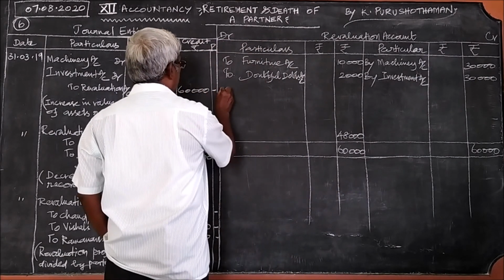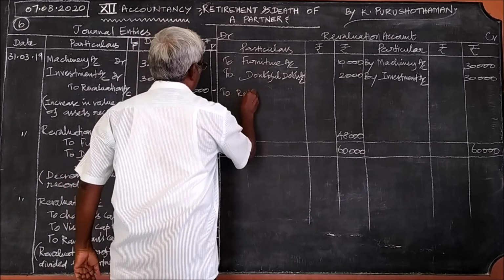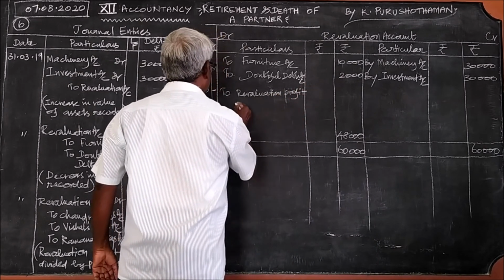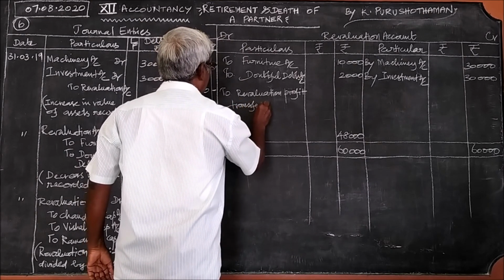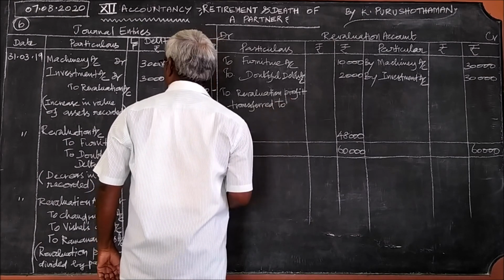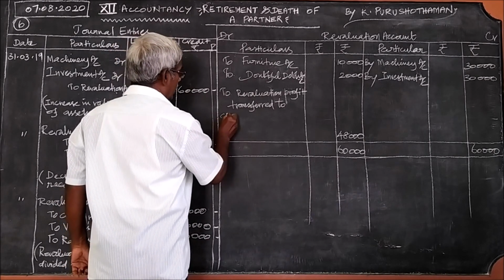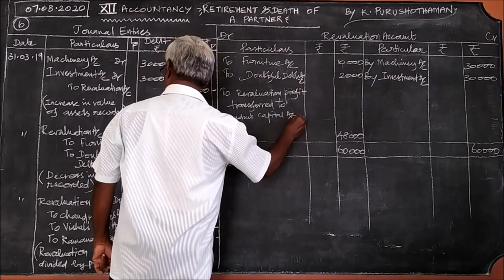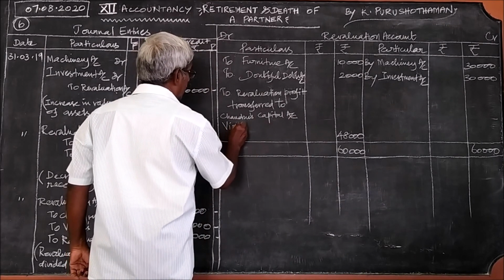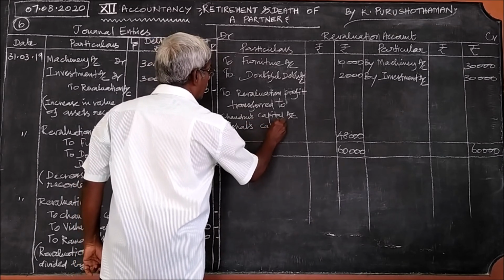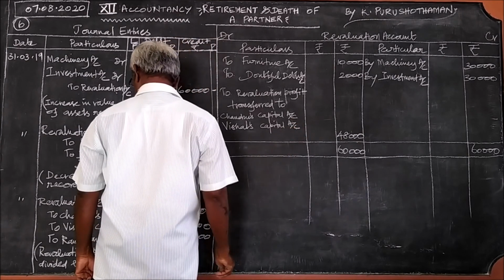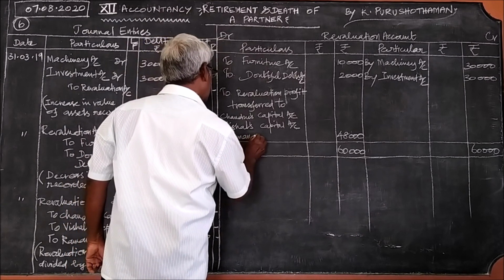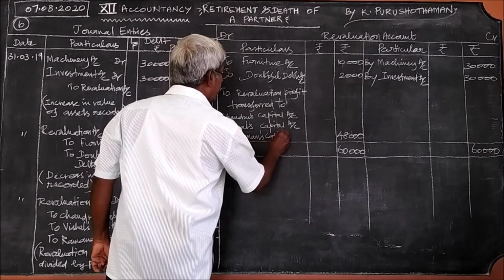And this 48,000 should be divided among the partners, that is, revaluation profit transferred to the three partners: Chandru's capital account, Vishal's capital account, and the third partner Ramanan's capital account.